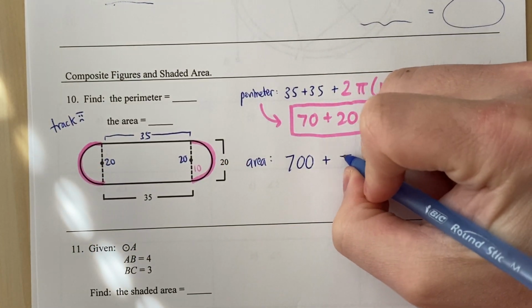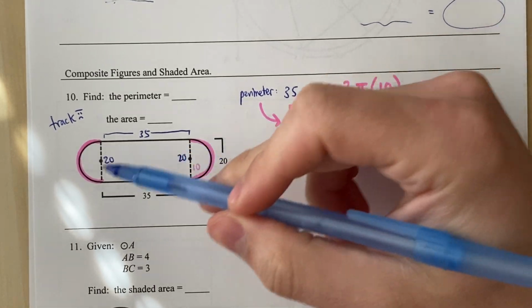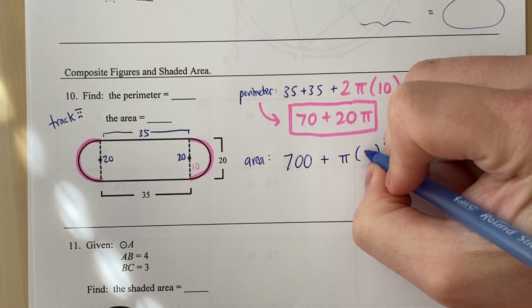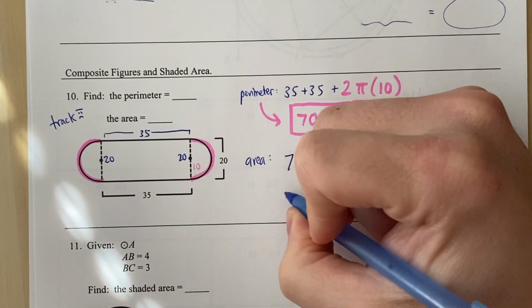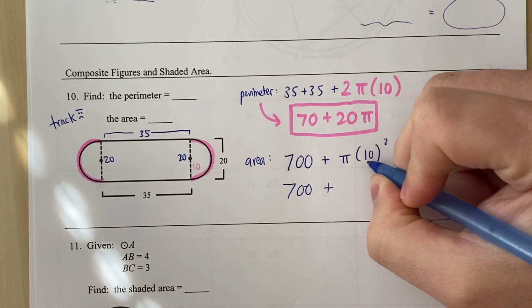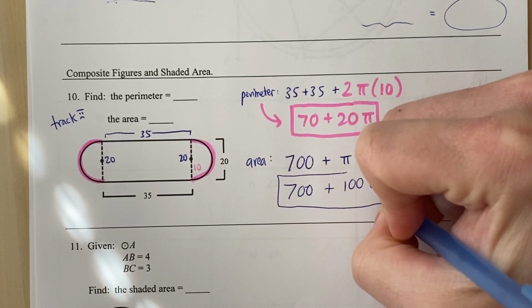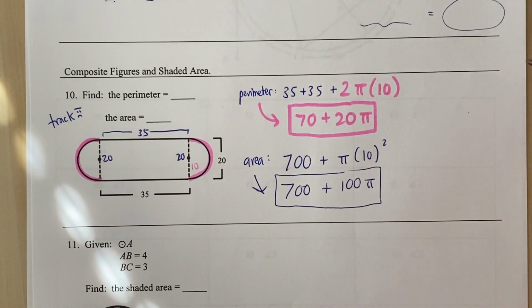So I'm going to add pi r squared to get the area of those two circle halves, which make a full circle. Well, the radius is still 10. So to add this together, that'd be 700 plus 100 pi. And there you go. That is your area total.